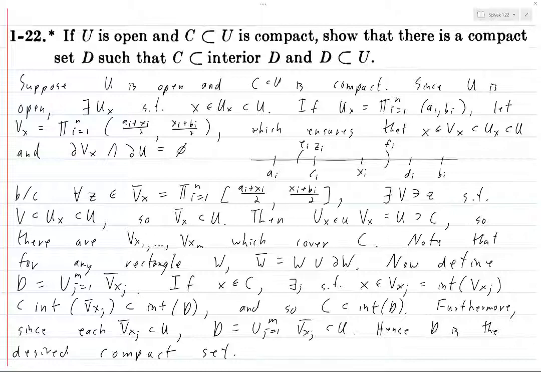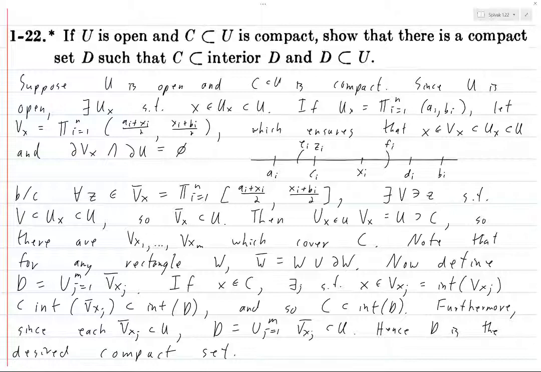So the closure of each Vxj is a closed set, and we're taking a union of closed sets. And it's a fact in topology that finite unions of closed sets are closed.